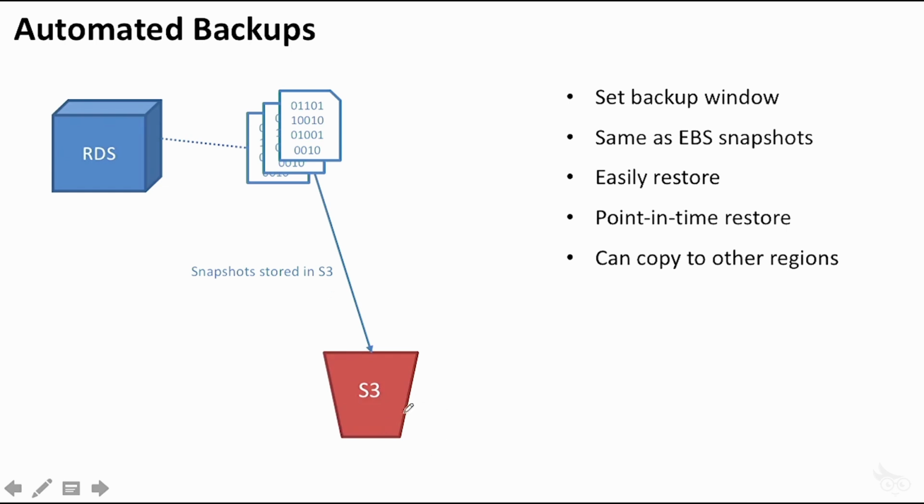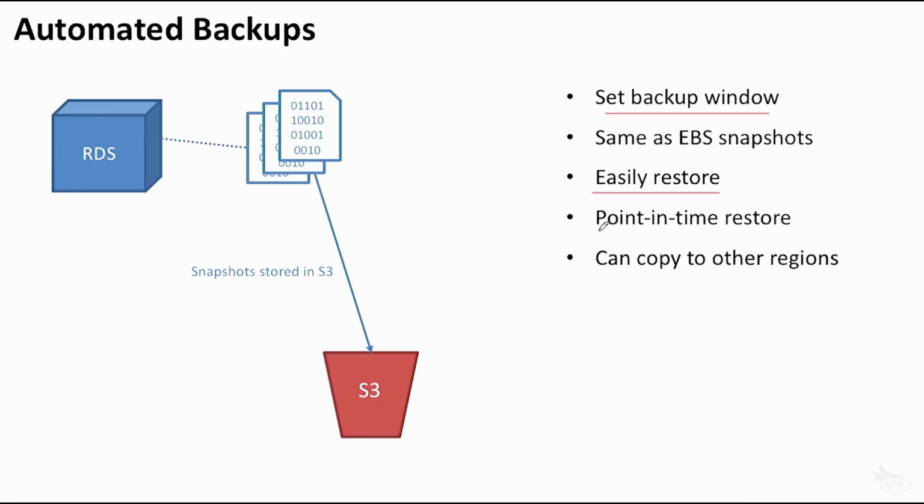are inherently highly available and durable because S3 is built to leverage all of the availability zones within that particular region. So at any time we can go in and adjust the backup window. We can very easily restore our RDS instance from one of those snapshots or just create a clone for doing some other purpose.